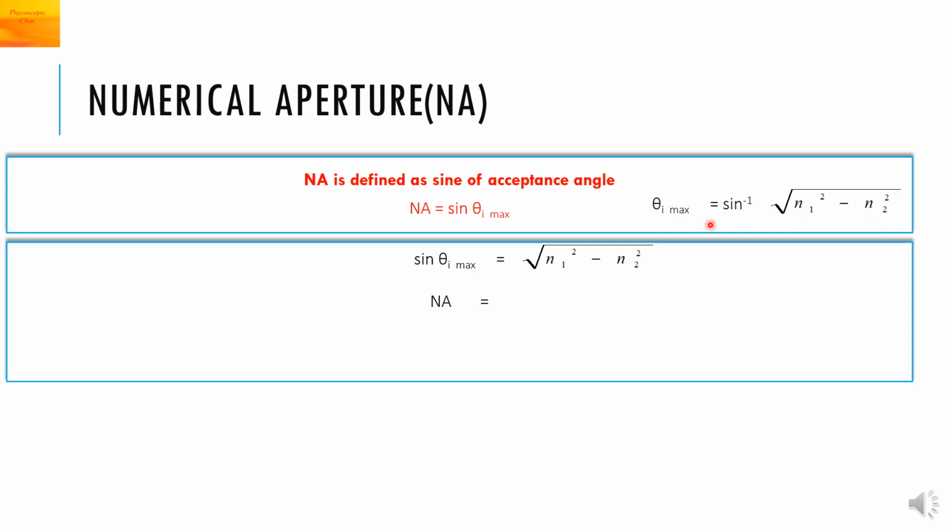From this equation we can write down sine theta I max. That will be equal to square root of N1 square minus N2 square. So this sine theta I max can be substituted here. So we get the numerical aperture as square root of N1 square minus N2 square.